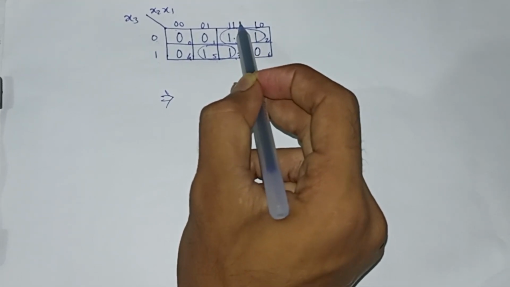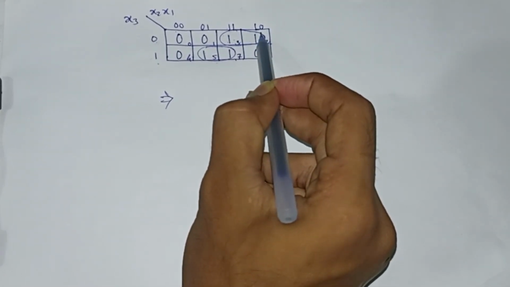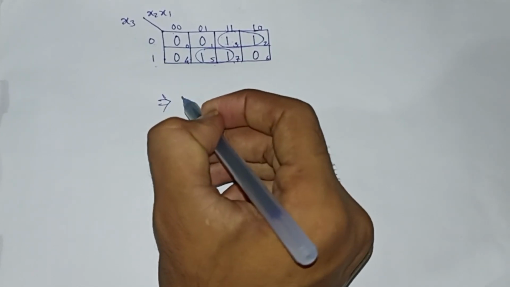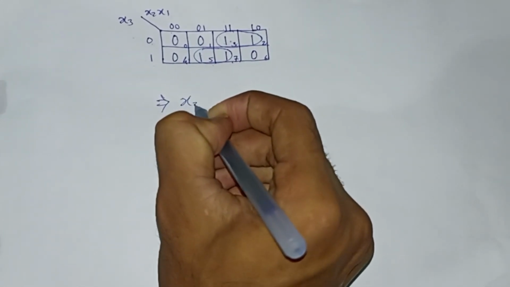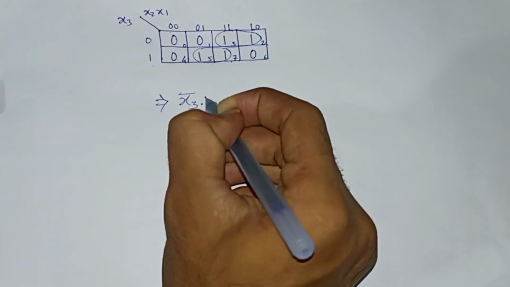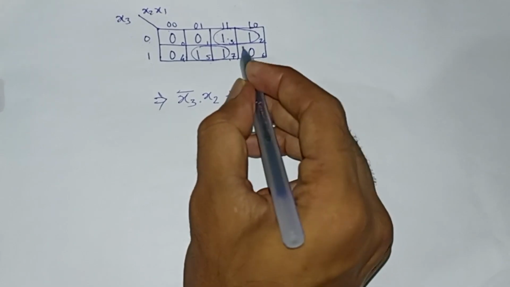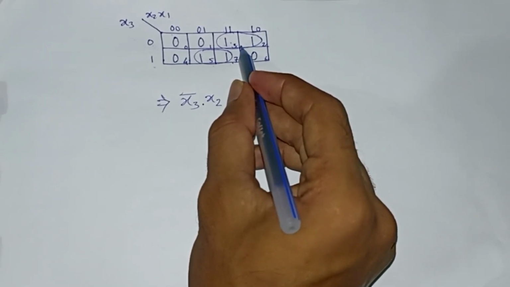X2 is common, right? Here x2, and here x1 and x1 bar are there, so that's why x2 is common. So what can we write? X3 bar and x2. Okay, this is for one pair, right?